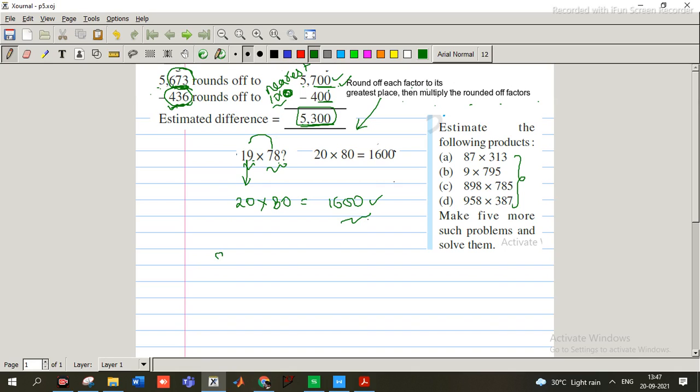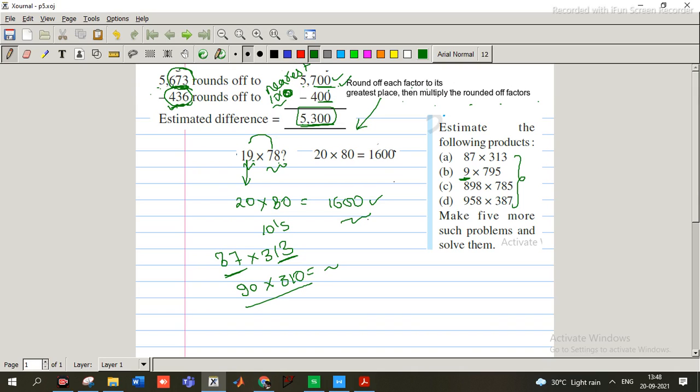I'll do one. 87, let's approximate it to the nearest tens only. So 87 will be approximated as 90. I am only asking to approximate the tens, that means we'll take the last two digits. So 13 will become 10 only, it will be 310. Once you multiply, you will get some answer. In the same way, if it is approximated to the nearest tens, then this 9 will definitely be 0.